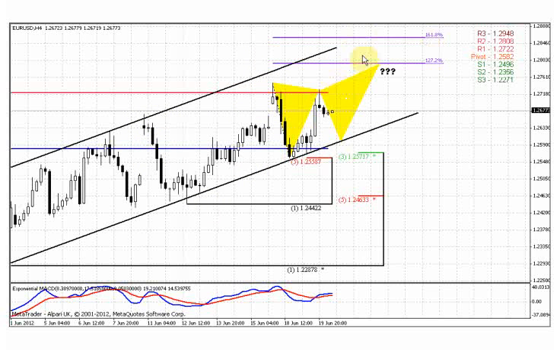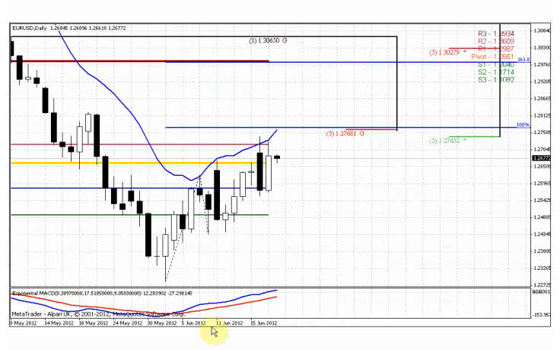The 1618 extension of that butterfly stands around 128.55, somewhere in this area. So if the market completes this butterfly, it will simultaneously hit the target of this initial pattern, and take a look.